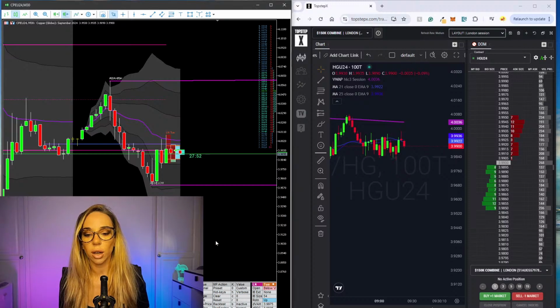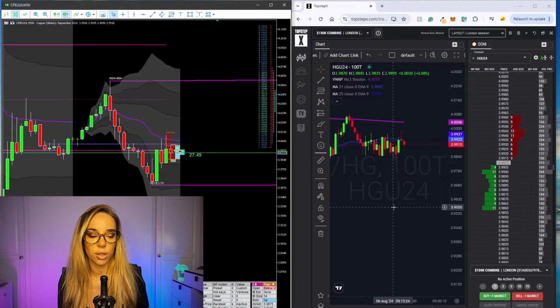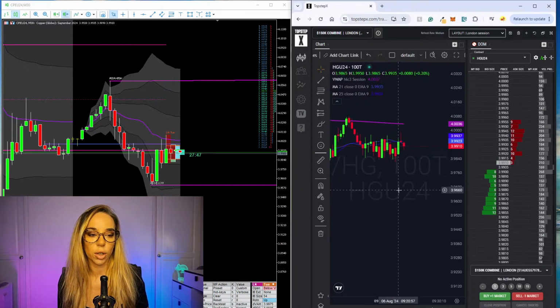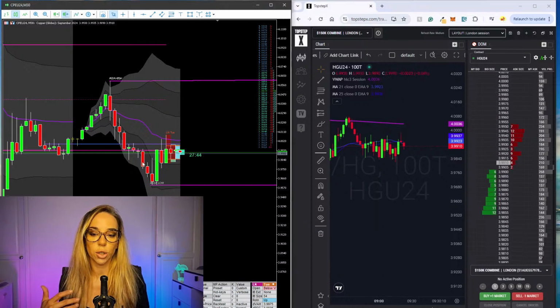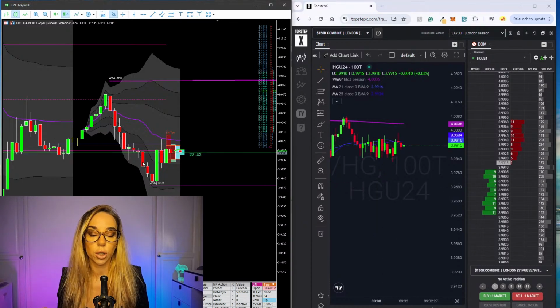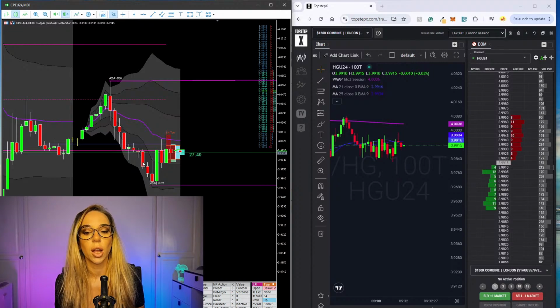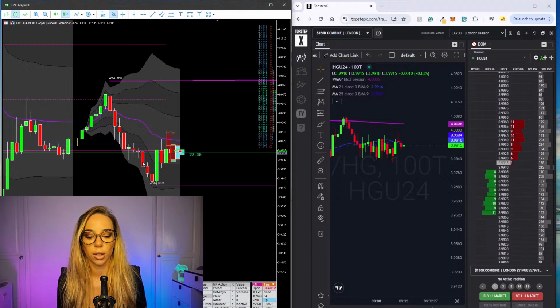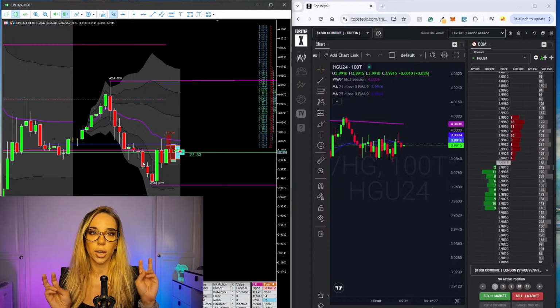Now, the way I like to do that is to effectively look at where the market is opening in relation to yesterday's distribution curve from the same session. This is London trading, so I always use a shortened London session to calculate the regular trading hours for London.